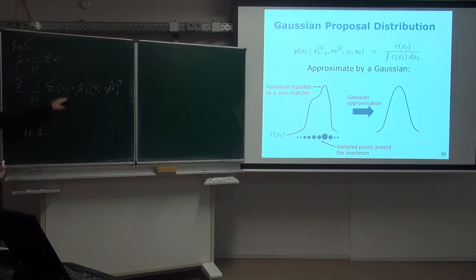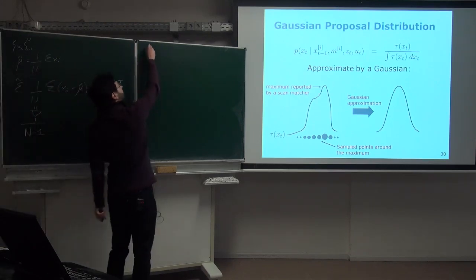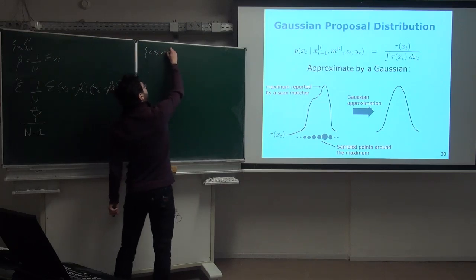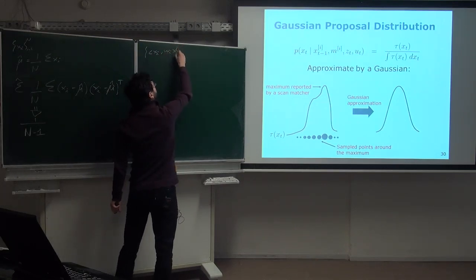Now, this means that all the samples have the same importance and all the samples have the same weight in some sense. Okay. Now the question is, we have to go from this case to the case where we have a set of pairs, where we have our nice sample, but we also have our weight.